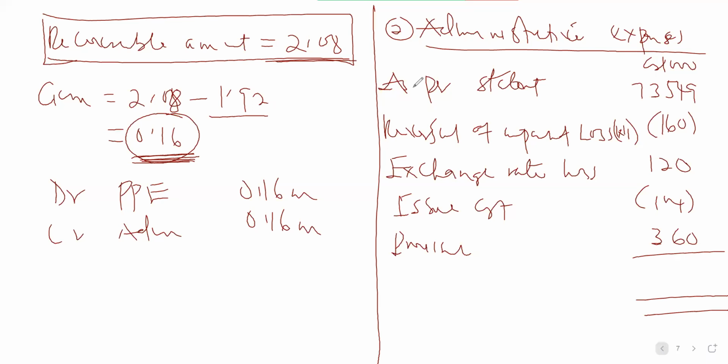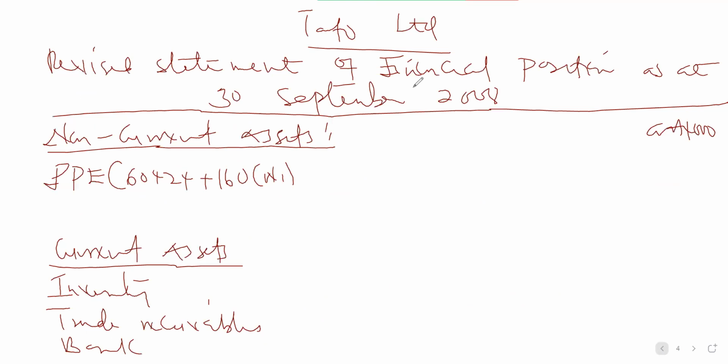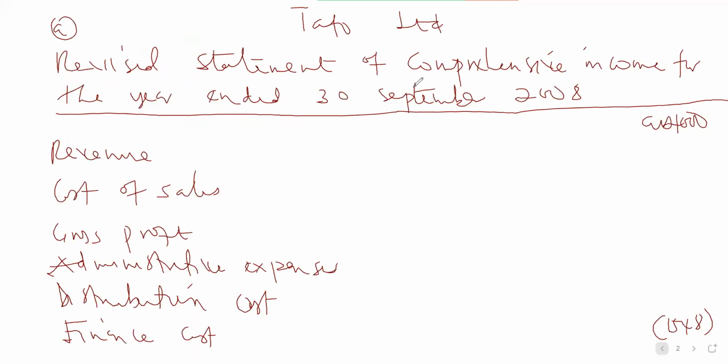I'm getting 73765. Yes, sir. Okay. So let's go and bring our figures here. It means that inventory will not be affected, but let's fill this one first.